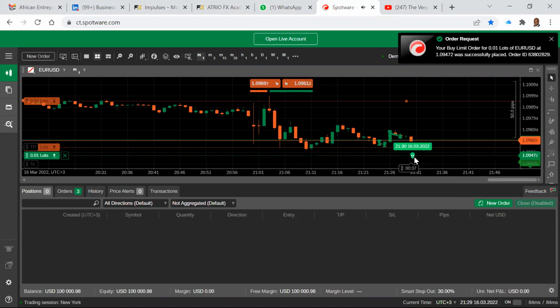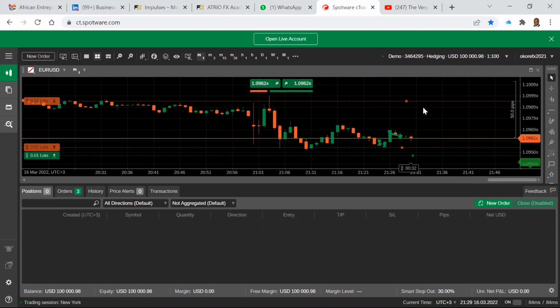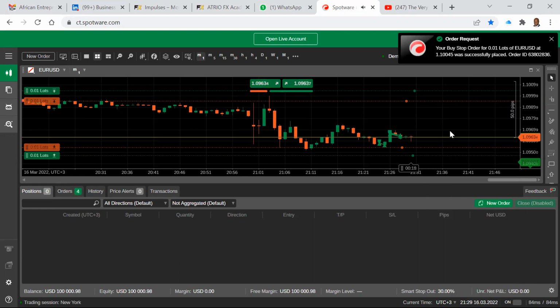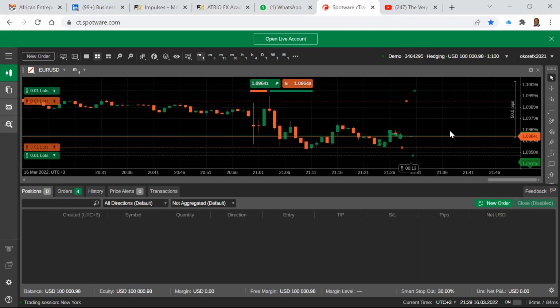And then if I go up here, if I think the market will go up and I also want to continue buying going up, then it is different. I right click there, and it'll be a buy stop.